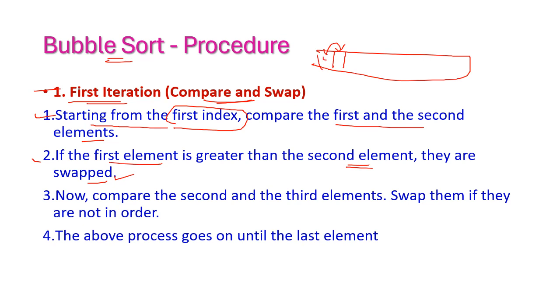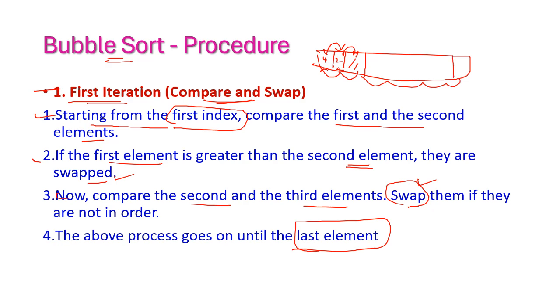Suppose this is 4, this is 2, then these two items will be swapped. Now compare the second and third items, and if required, they will also be swapped. The above procedure will be repeated until it reaches the last element.